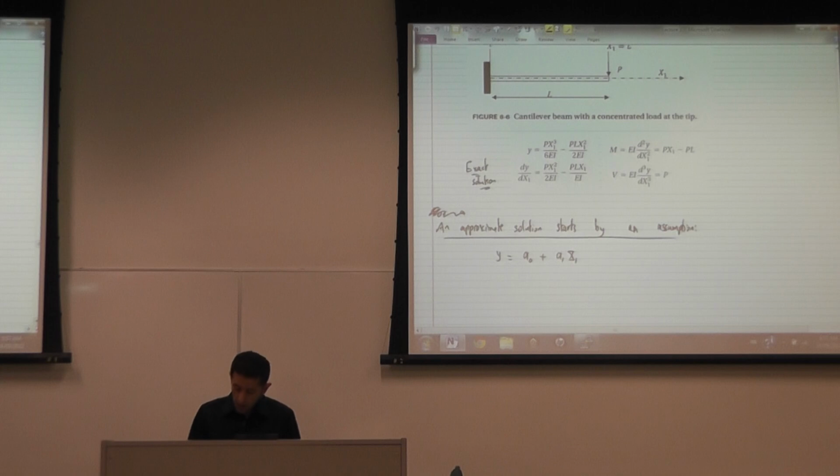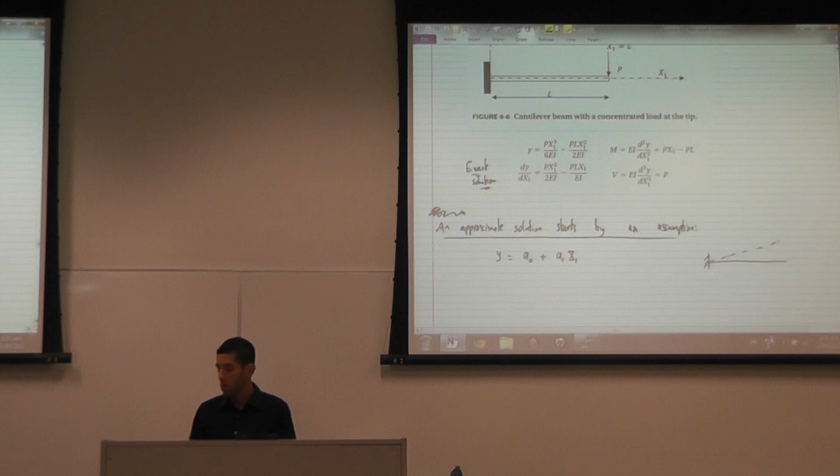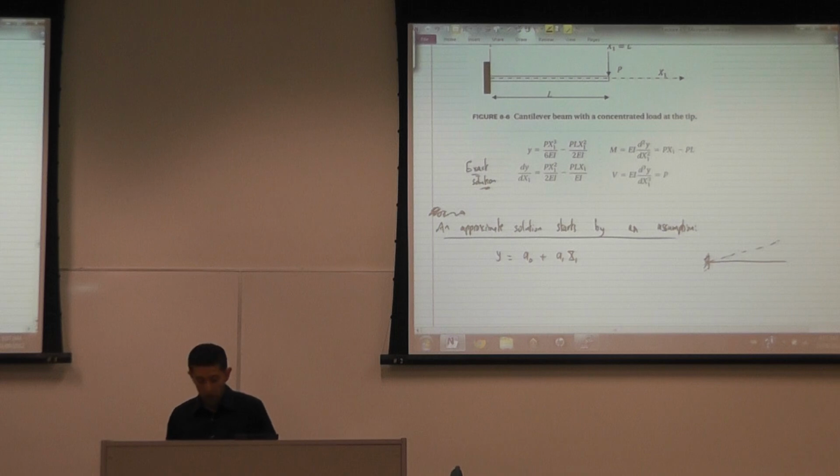So basically, I'm saying that the displacement of the beam can only have this shape. Now, within the boundary conditions that I have for the stability of the structure, do you think this is possible or not? It's not possible because this is fixed. Because this is fixed, I can't have this linear displacement.